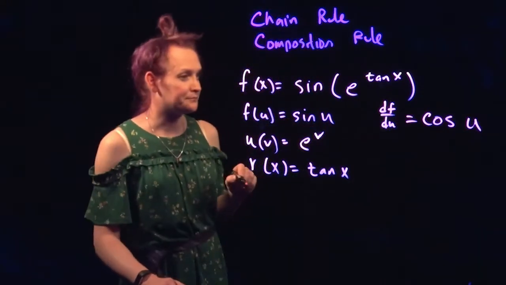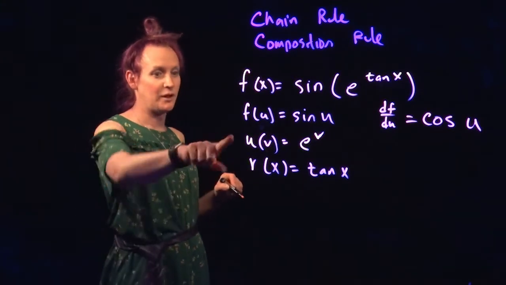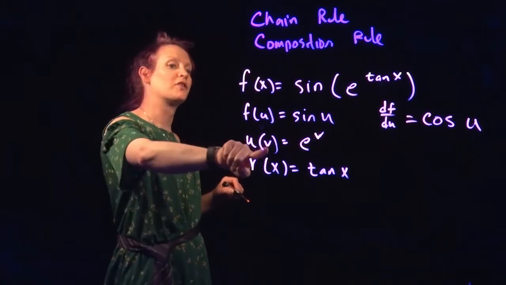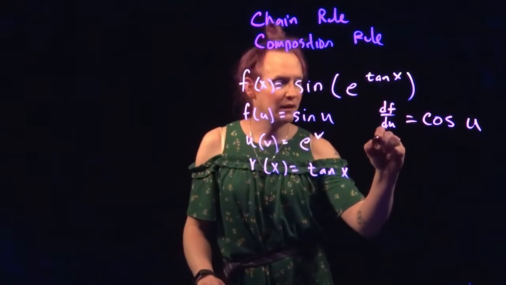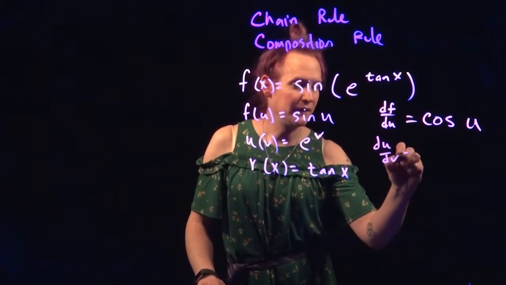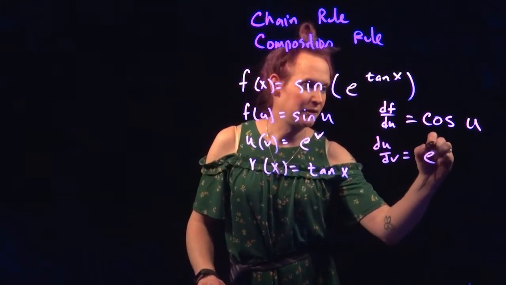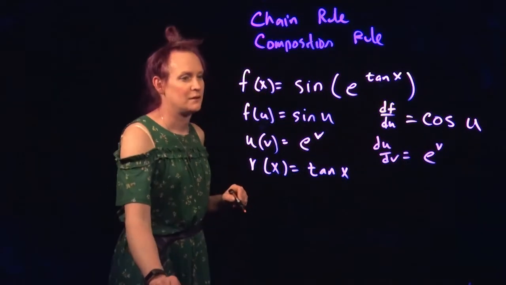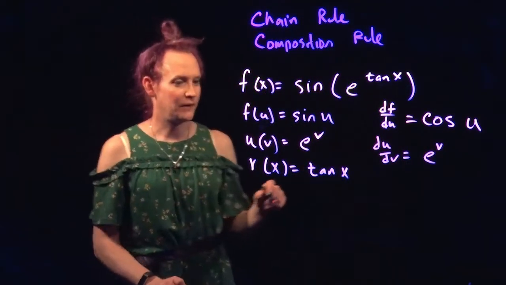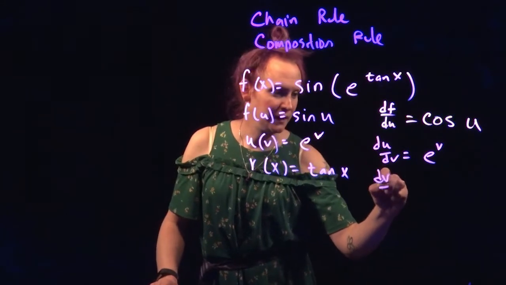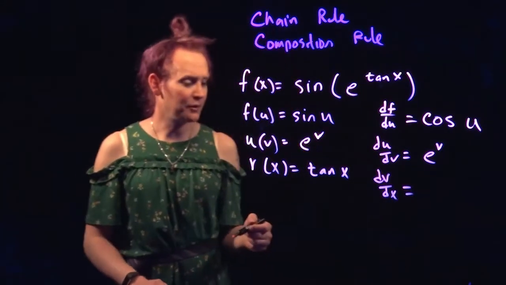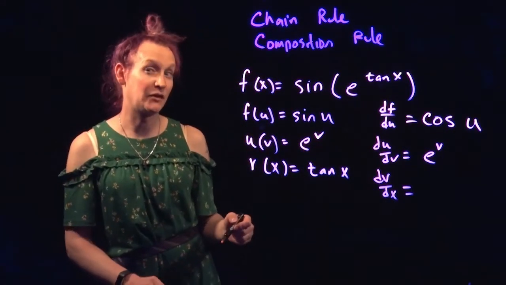That's u. Let's do that for u. u is a function of v. du dv is equal to e to the v. And finally, dv dx is equal to the derivative of tangent, which is secant squared.